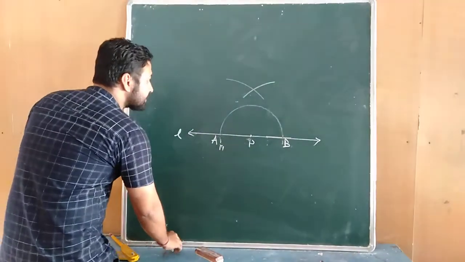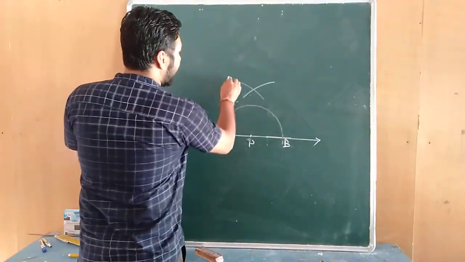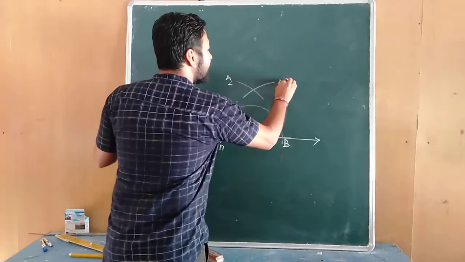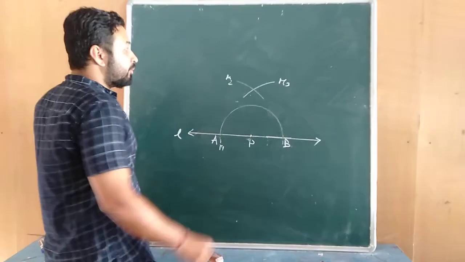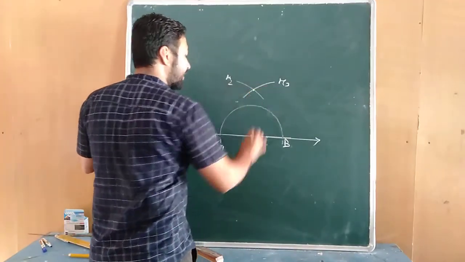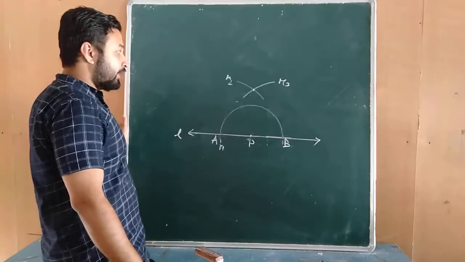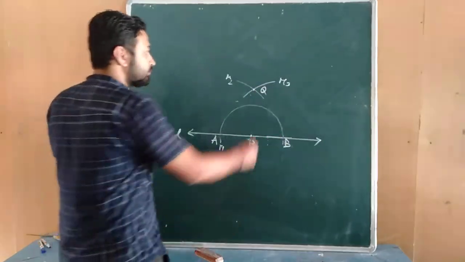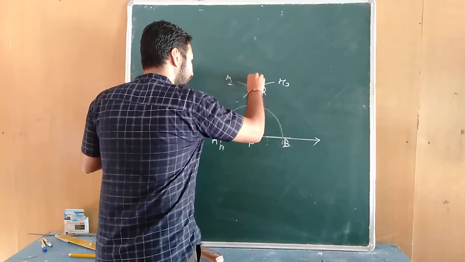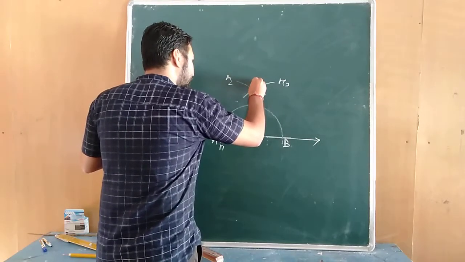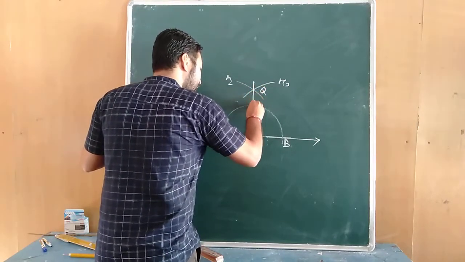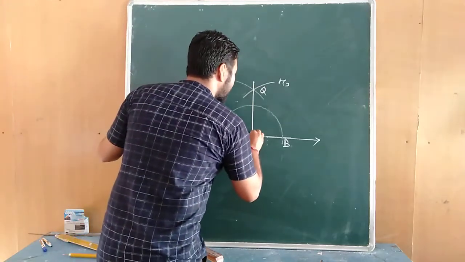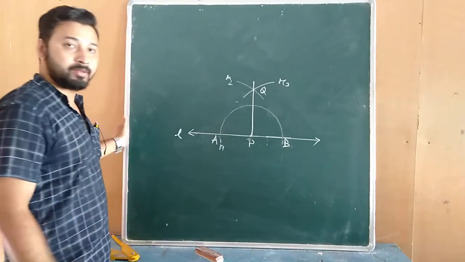The name of the first arc is say R2. The second arc is say R3. Both the arcs intersect at a certain point. Let the point be Q. We join this point Q and this point P. Got? Join.